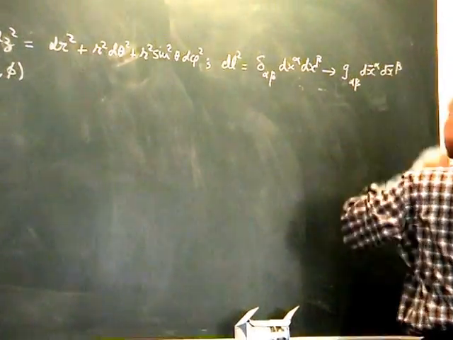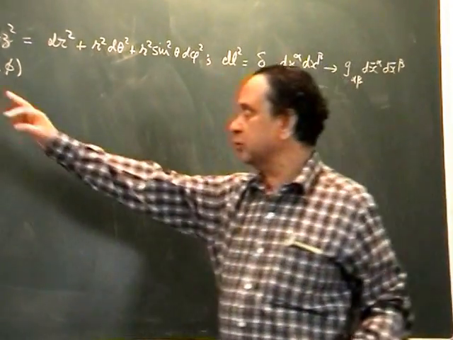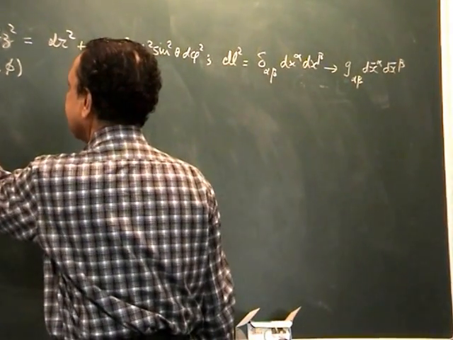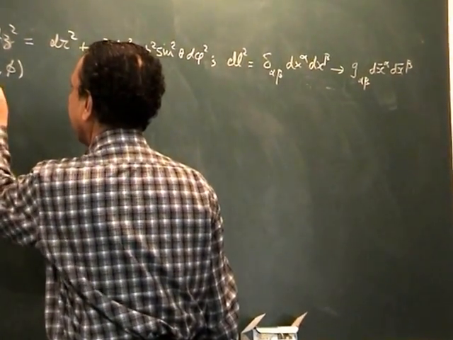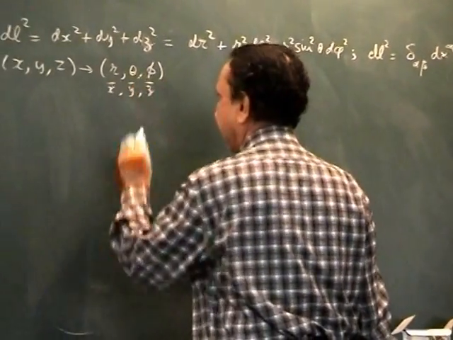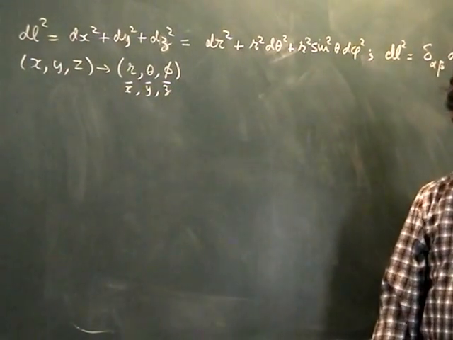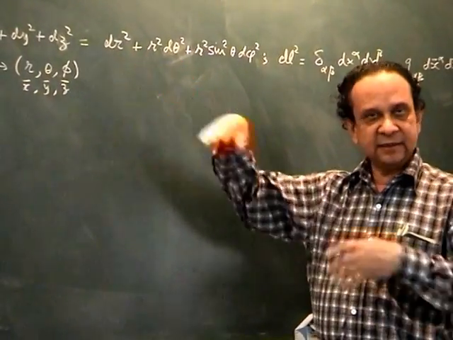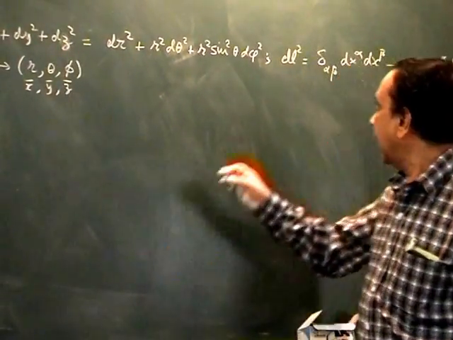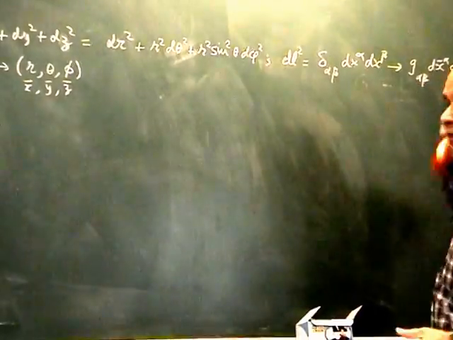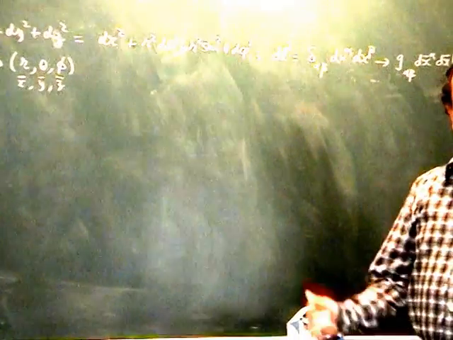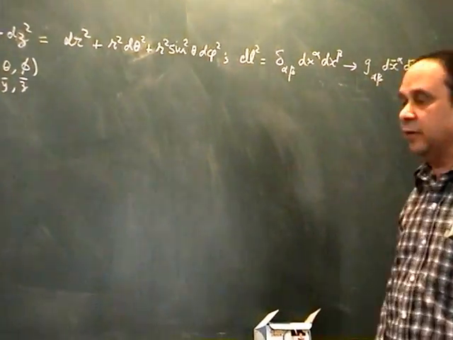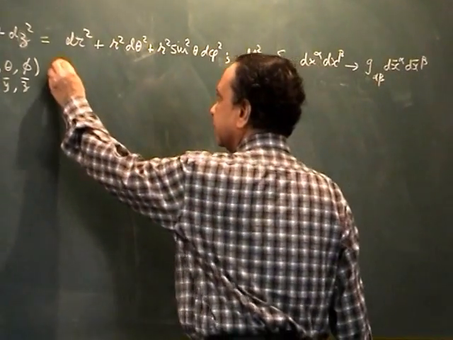So let me put a bar on the dx here. So x, y, z is one set of coordinates, and this is going to be x bar, y bar, z bar. Okay. So I am going from x, y, z to x bar, y bar, z bar by the standard transformations, and this quantity will go into this g_alpha beta. But how could I have found the form of g_alpha beta? Again, it is quite simple.